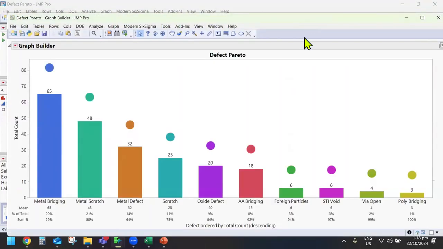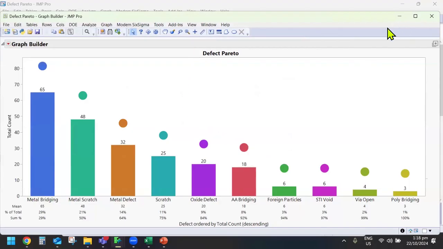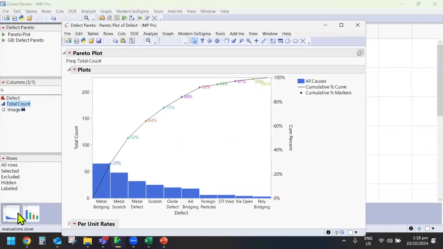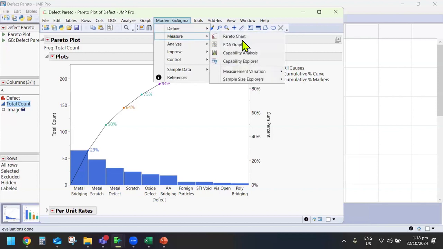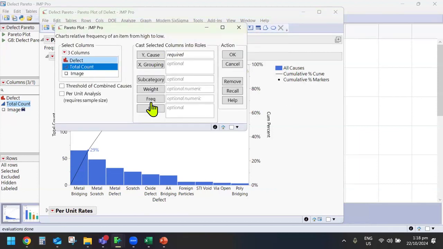The second chart is the Graph Builder showing you a similar defect Pareto, while the first one is the traditional defect Pareto. If you want to start from scratch, under the Six Sigma add-in, Measure, Pareto, you can just put the total count over here and the type of defect into here. Here you go.